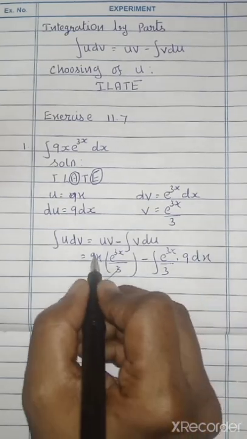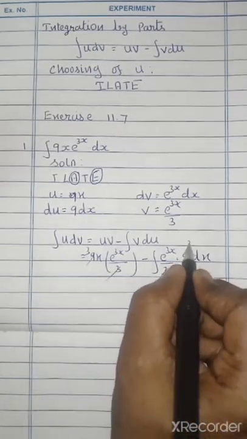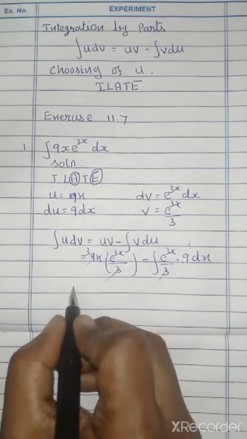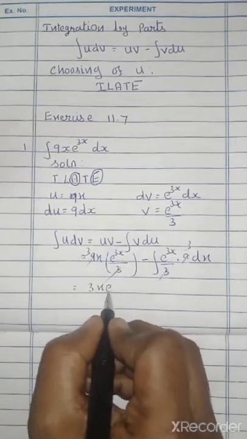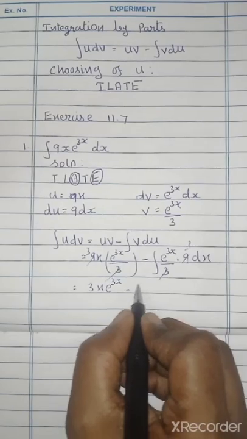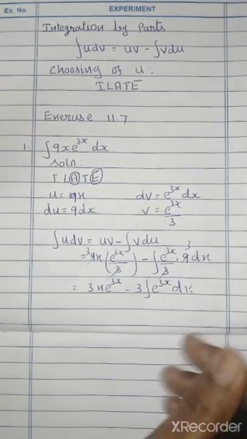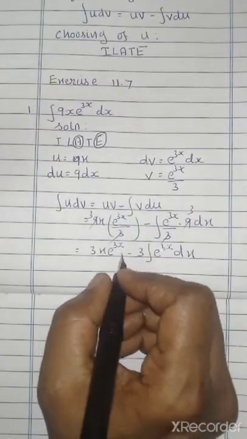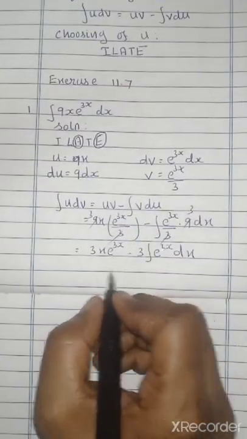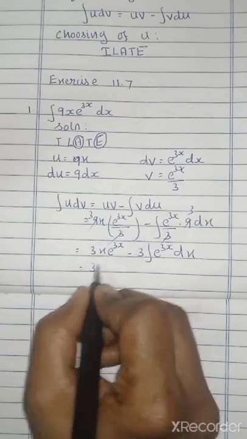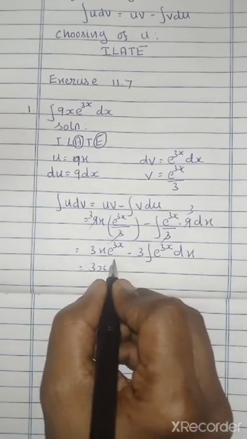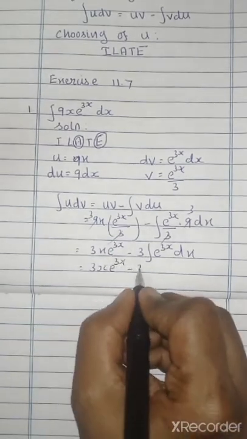This 9 and 3 will get cancelled, so you will get 3x e power 3x minus 3 integral e power 3x dx. What is the integral of e power 3x? This one as it is: 3x e power 3x minus 3.